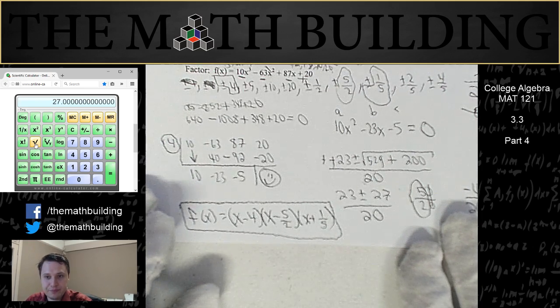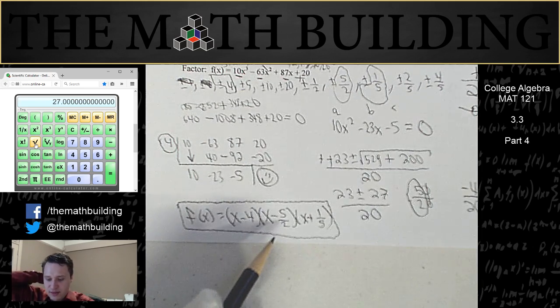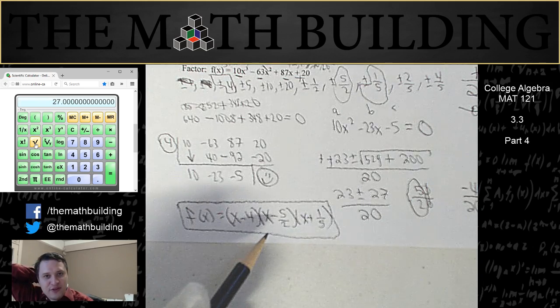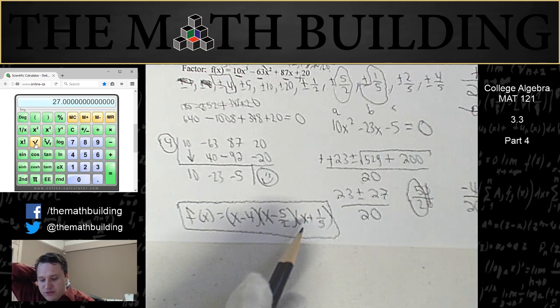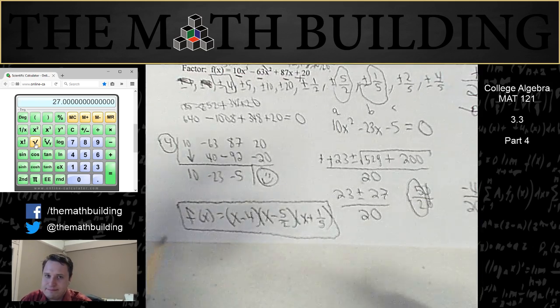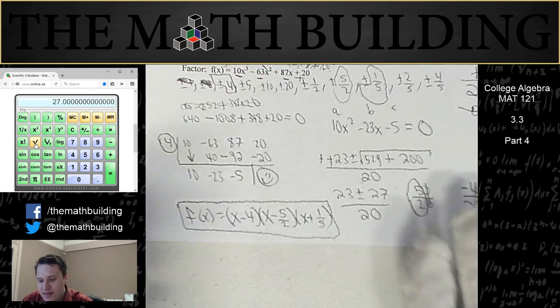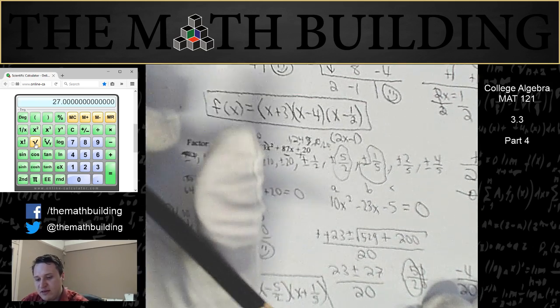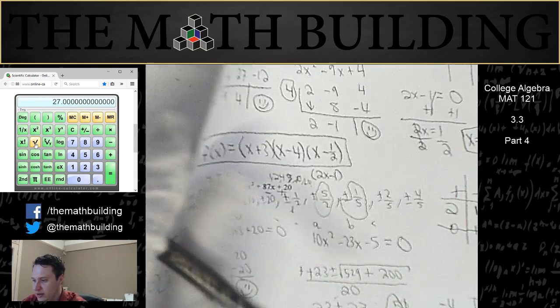There you have it. If you wanted to, you could rewrite this factor here as 2x minus 5, and you could rewrite this one as 5x plus 1, because that's how they would factor. But if you wrote it like this, that would be fine. That's how you do synthetic division to solve a complex polynomial.